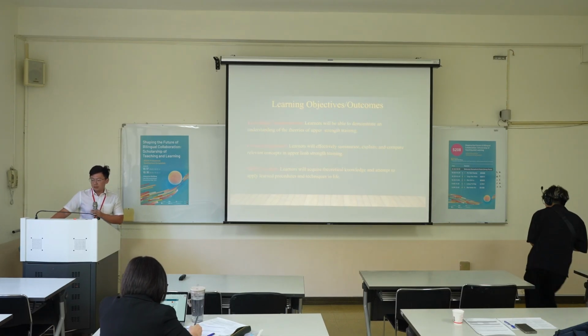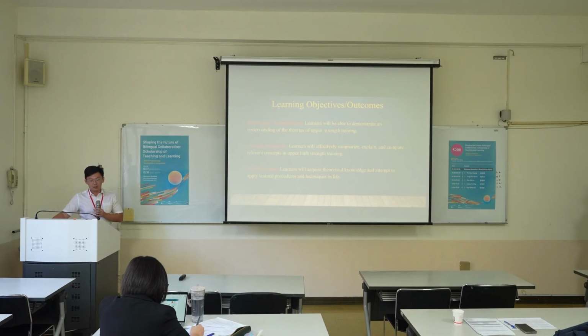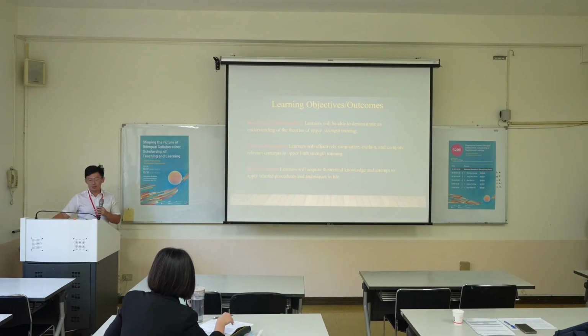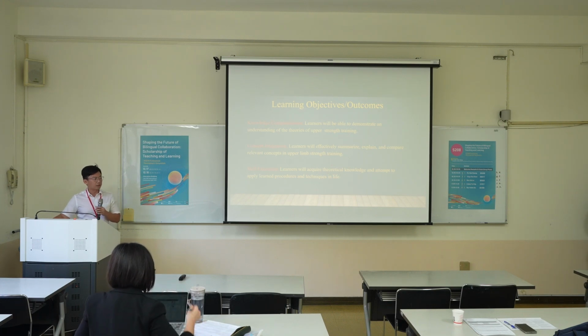About learning objectives and outcomes, in knowledge comprehension, learners will be able to demonstrate understanding of these training concepts, integrate this training, explain it, and compare the differences between these skills, or how I can integrate this training into my routine or my life.